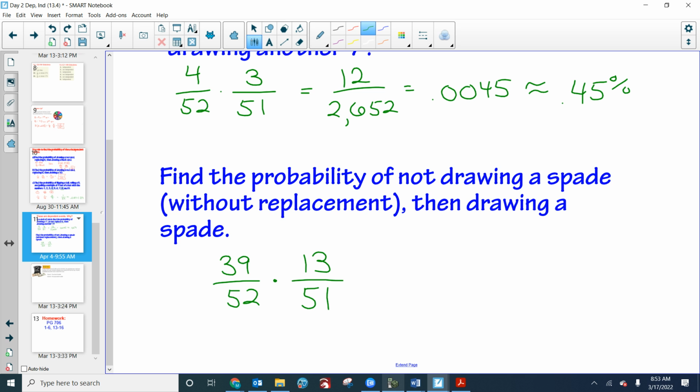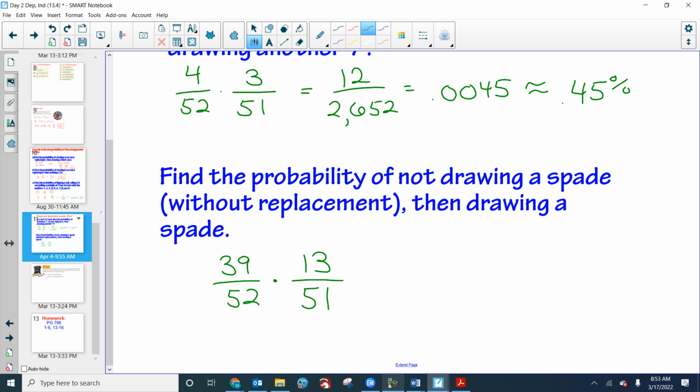Again, some of this stuff might not be obvious to some of you, and that's okay. But the more you see it, the more you'll think, oh, okay, I see why you did that now. We didn't draw a spade on the first one, right? It was a non-spade, so there are still those spades in the second drawing, but there's one less card because we drew maybe a diamond, maybe a heart, maybe a club, right?